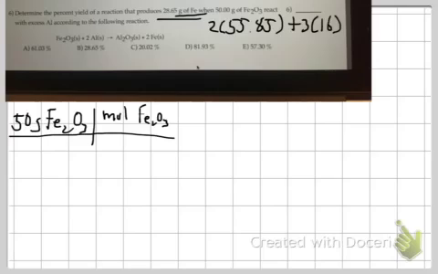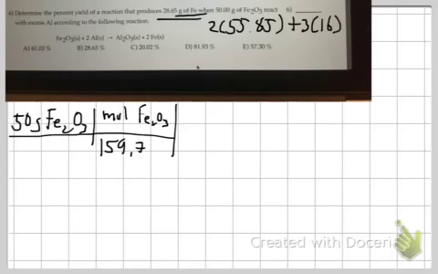I'm getting those numbers from the bottom of the periodic table. So iron, for instance, says 26, and then 55.85 times 2 plus 48, and we get 159.77 for the mole of Fe2O3.